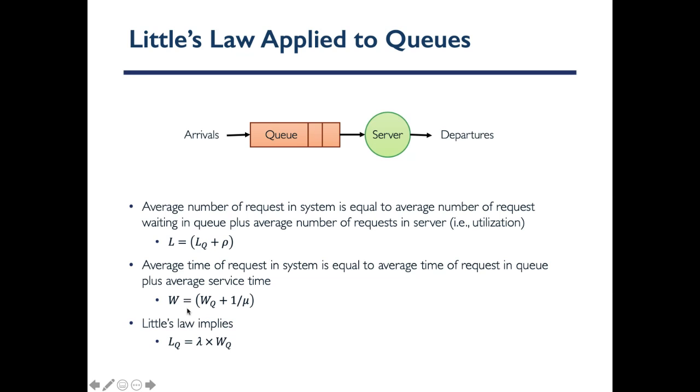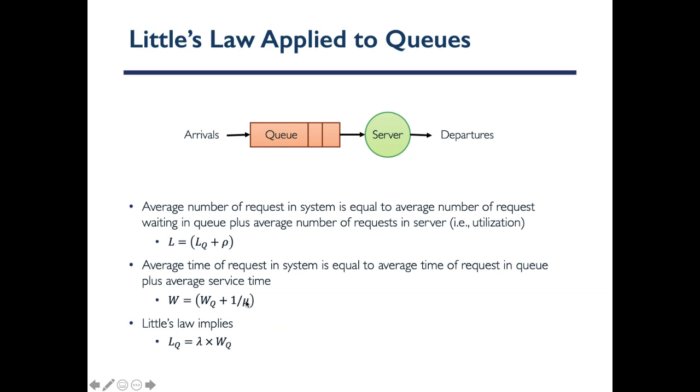So basically what you will get is that this utilization cancels out, because lambda divided by mu is basically utilization.